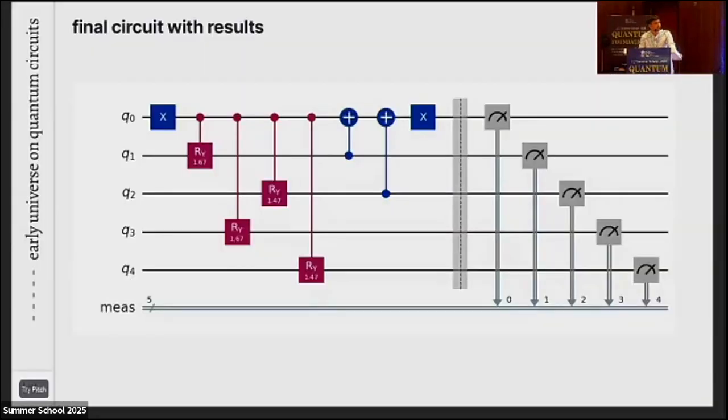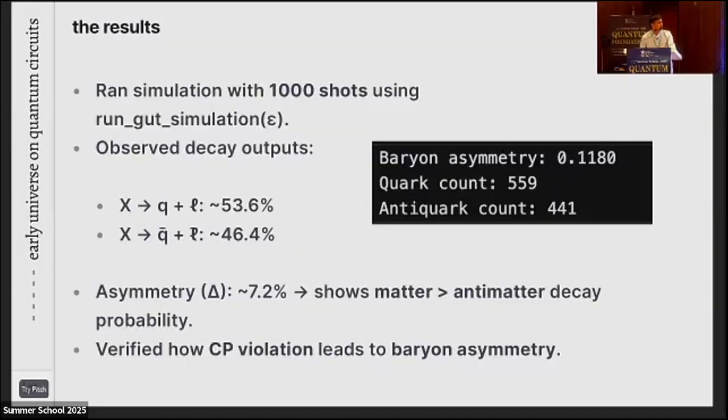At first, you will see the qubits representing our particles, followed by some rotational gates representing the operators which are making these particle interactions. And at the end you can see the measurement gates which will give us a result. And this was the result.